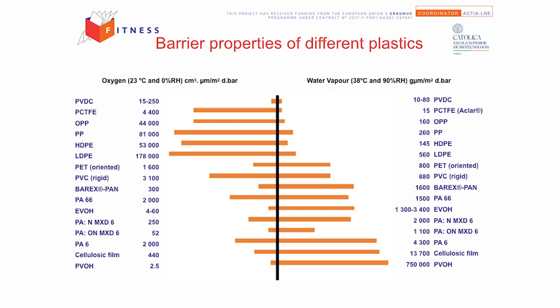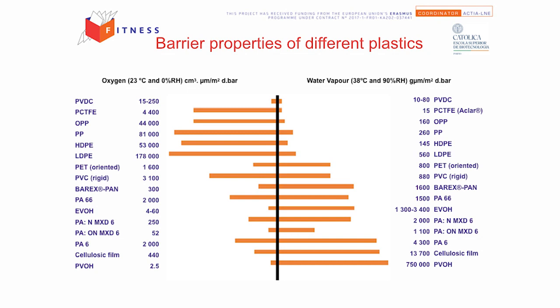And we see a little bit of examples of materials, and we see that, as I explained yesterday, the materials that are permeable to moisture usually are good barriers to oxygen, and the opposite.